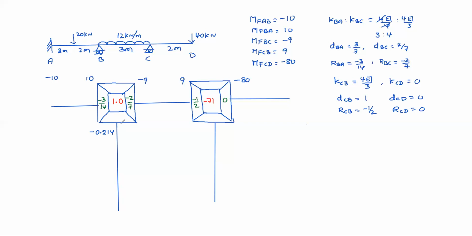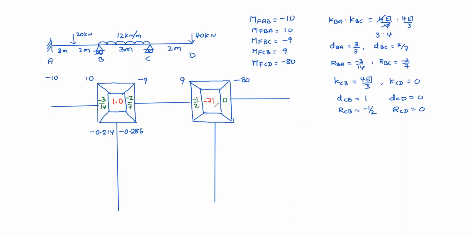And here, minus 2 by 7 into 1, minus 0.286. Coming to this joint, C joint, minus half into bracket open, minus 71, minus 0.286.